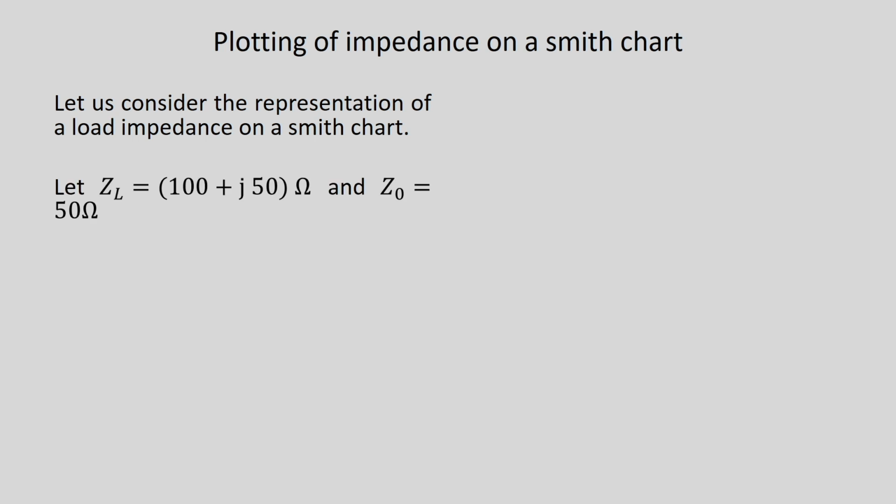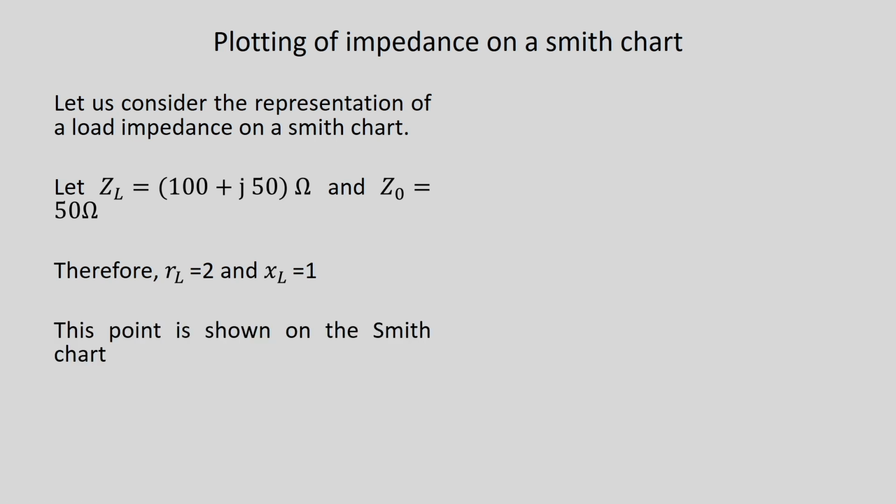So, let us start with an example. Let ZL is equal to 100 plus j 50 ohm and normalizing impedance Z0 is 50 ohm. Therefore, our RL normalized resistance part is 2 and XL normalized reactive part is 1, and this point is shown on the Smith chart.